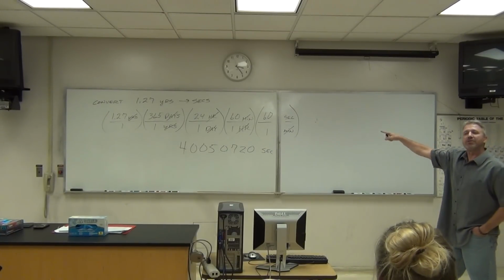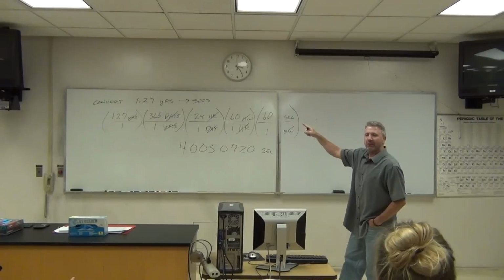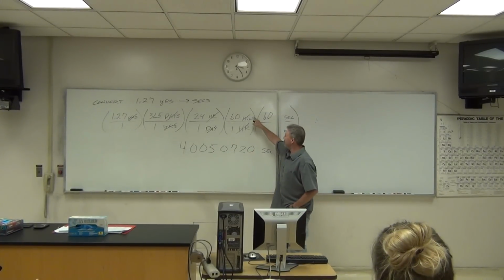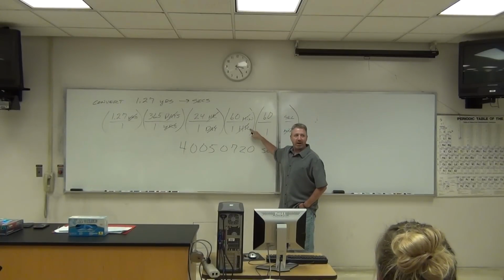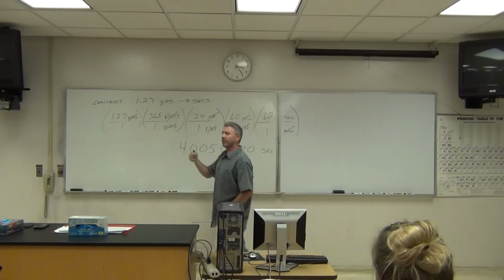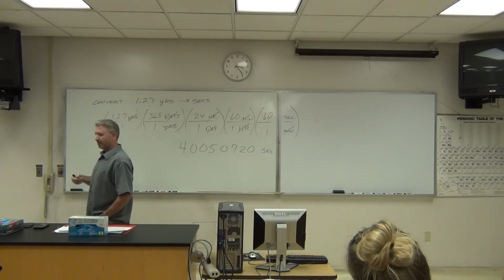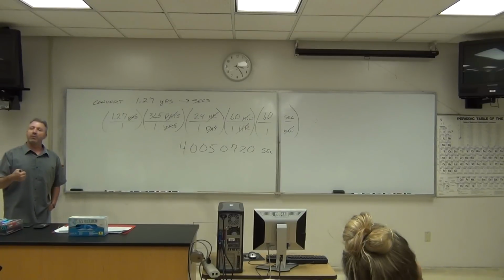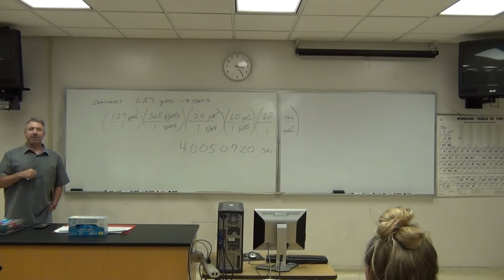That's a conversion factor. How do you know it's a conversion factor? It's got a different unit in the top than it does in the bottom. Okay? Conversion factors are numbers that have different units in the numerator and the denominator.